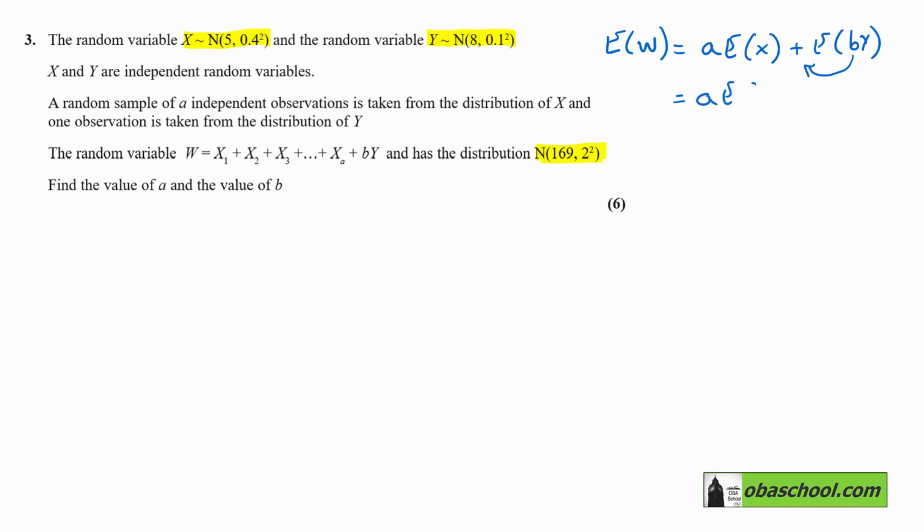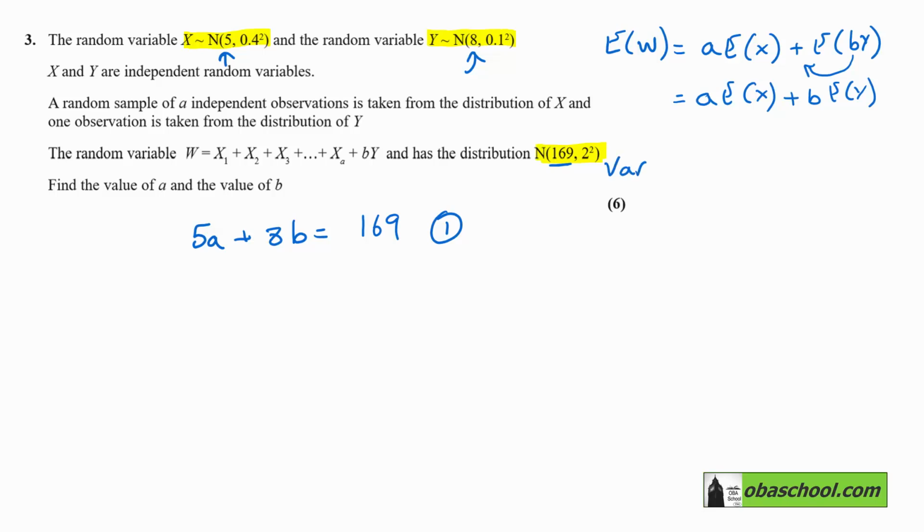So we have A times the expectation of X plus B times the expectation of Y. So 169 is the expectation of W, and that is equal to A times the expectation of X, so that's going to be 5A, and B times the expectation of Y, so that's going to be 8B, and that gives us one of a pair of simultaneous equations.